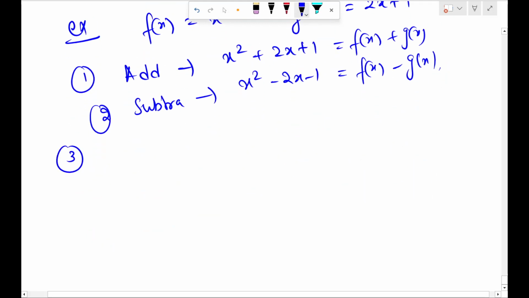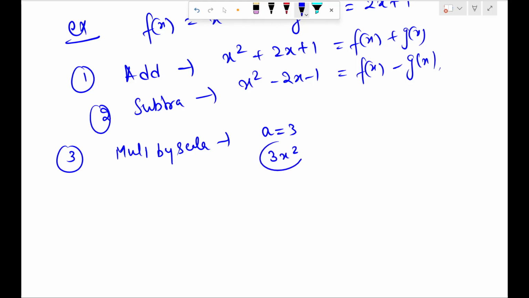Third, we have multiplication by a scalar. If we multiply function f by a scalar 3, we have 3x square, or if we multiply 3 by g of x, then we have 3 times 2x plus 1.